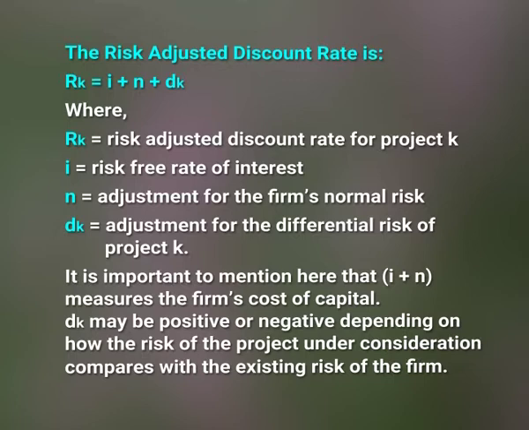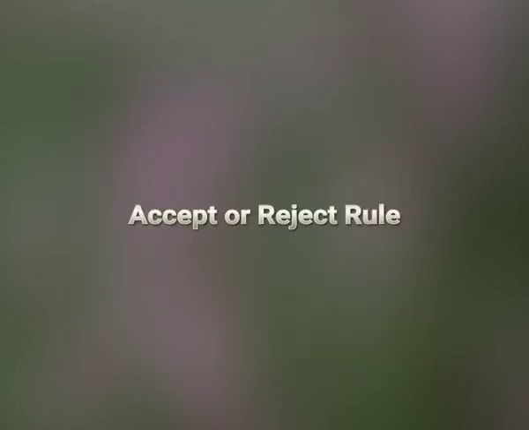Dk may be positive or negative depending on how the risk of the project under consideration compares with the existing risk of the firm. Now, we will see the accept or reject rule.